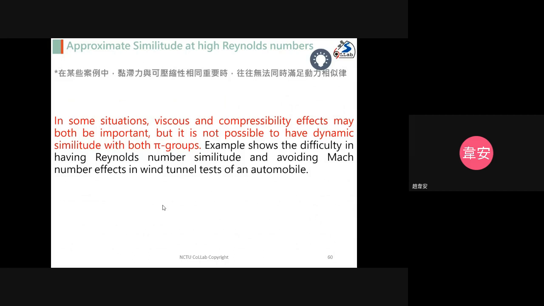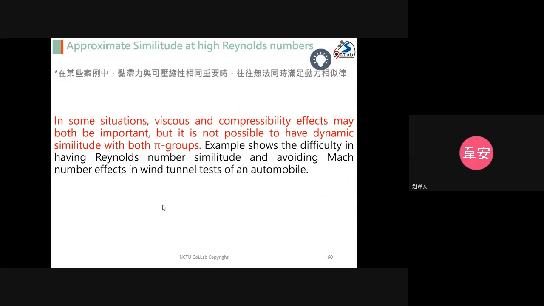So in some situations, viscosity and compressibility effects may both be important, but it is not possible to have dynamic similitude with both pi groups. Why?